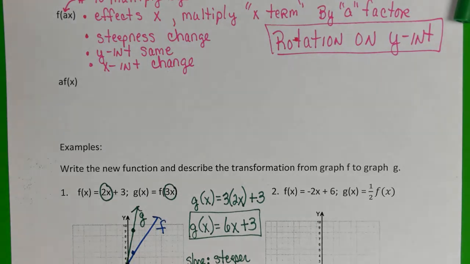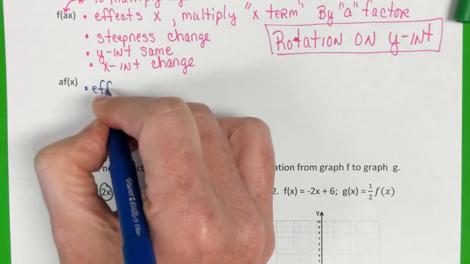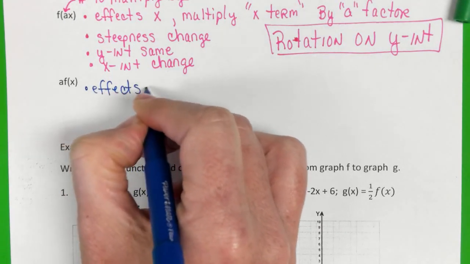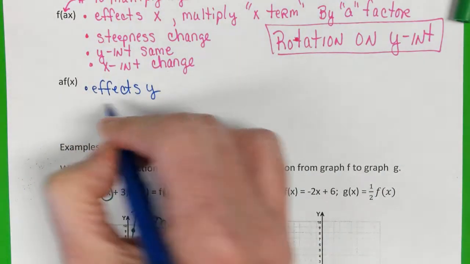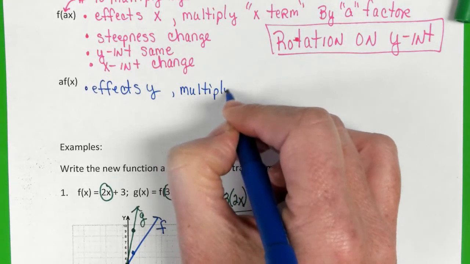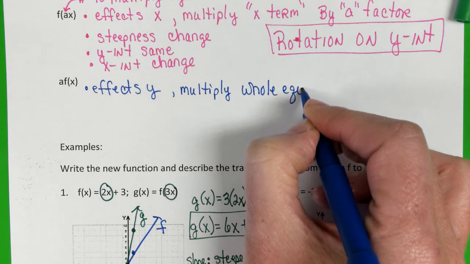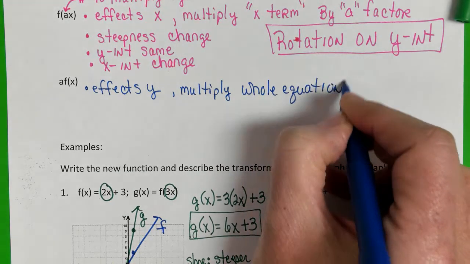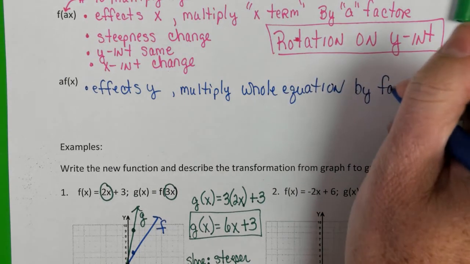Okay, so let's write down the effects that this has. So this time, this affects the y, or the whole equation. So this means we have to multiply the whole equation by our multiplication factor.